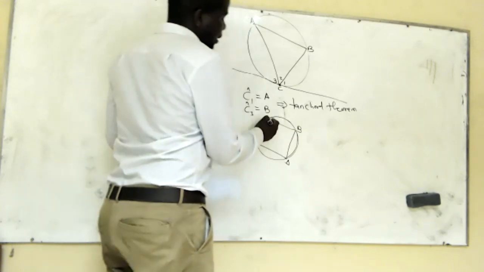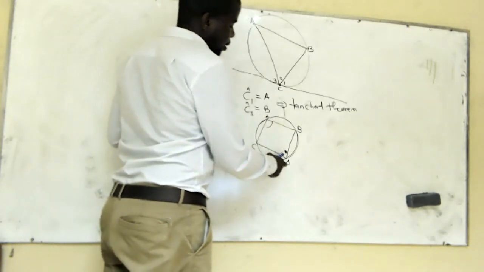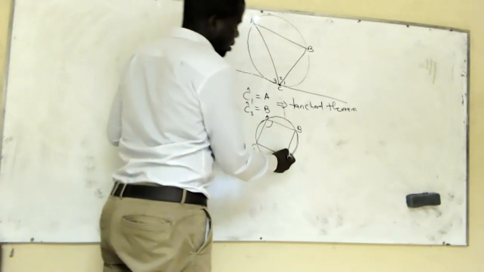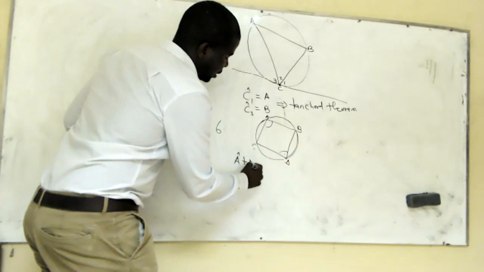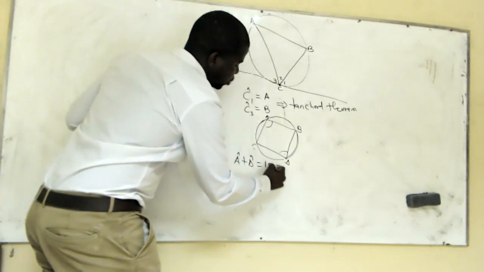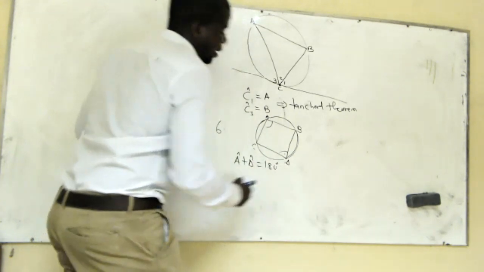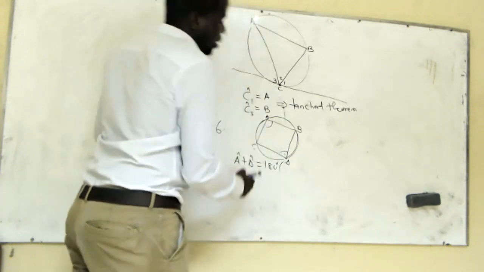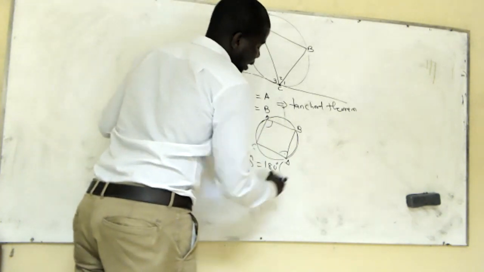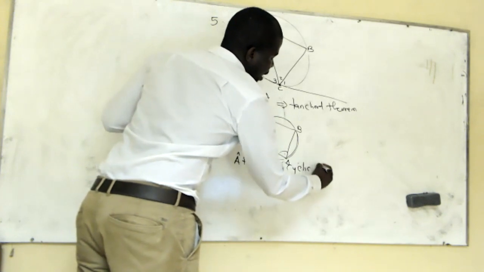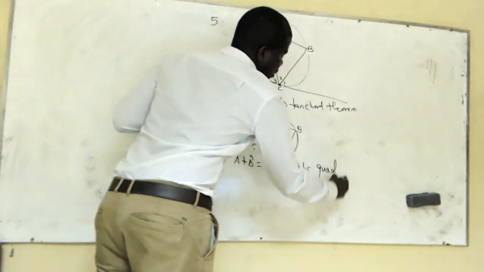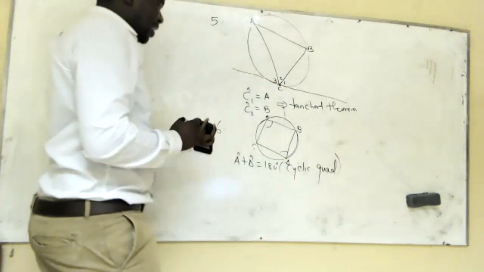So we can relate angle A and angle D or angle C with angle B. So now, angle A plus angle D, these two angles, when you add them together, they're going to be equal to 180. Why are they equal to 180? Because we have what is called a cyclic quad, which is very important. Cyclic quadrilateral.